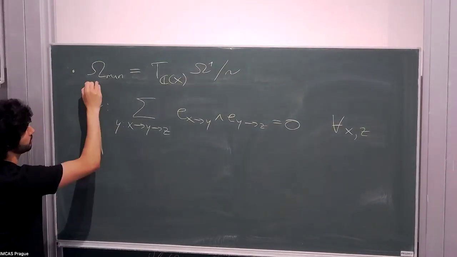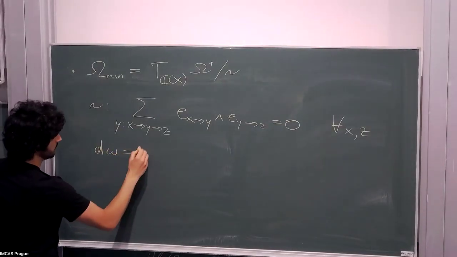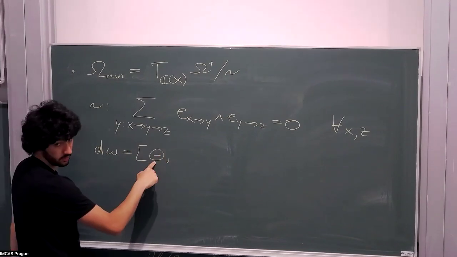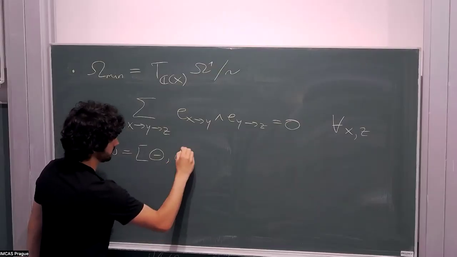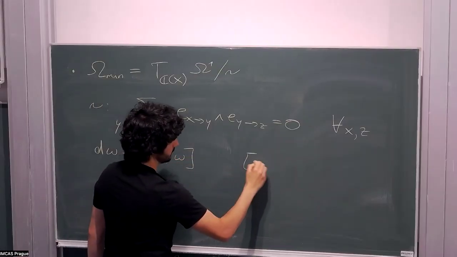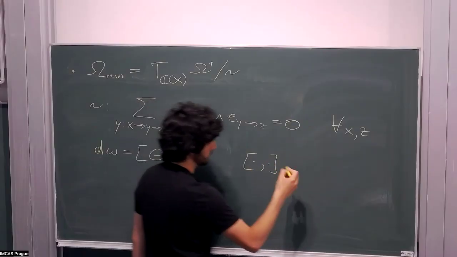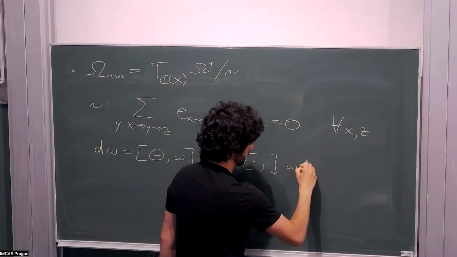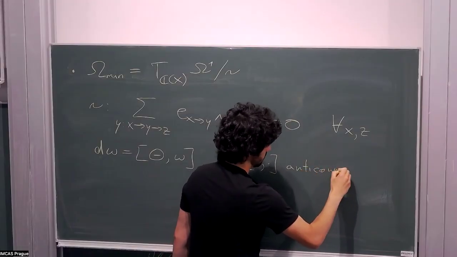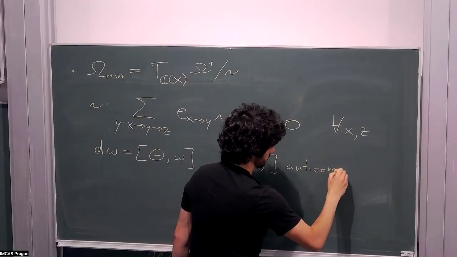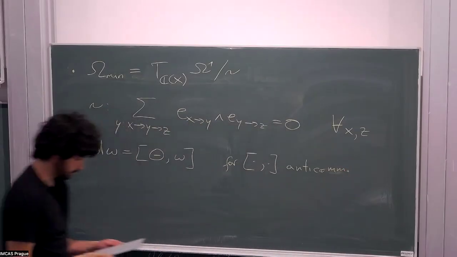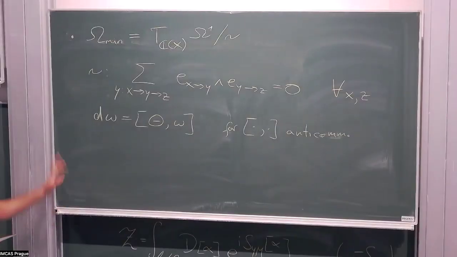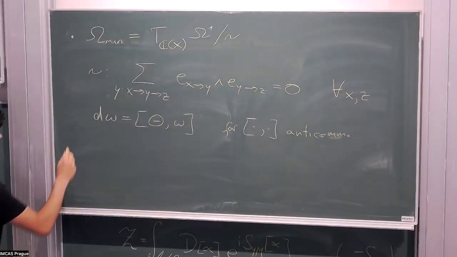So if we have any form in here, then we can still write the differential of this form as a graded commutator between theta and the form itself, where this is now the anti-commutator. Questions?